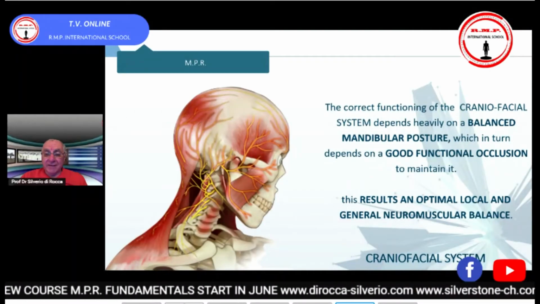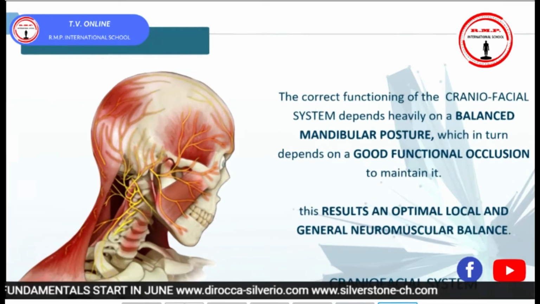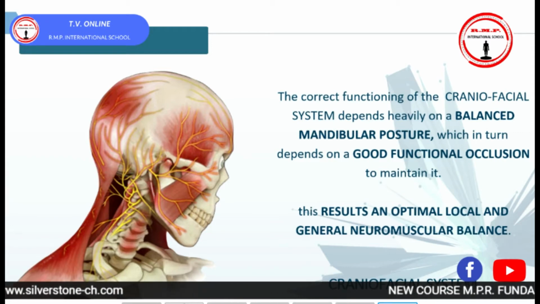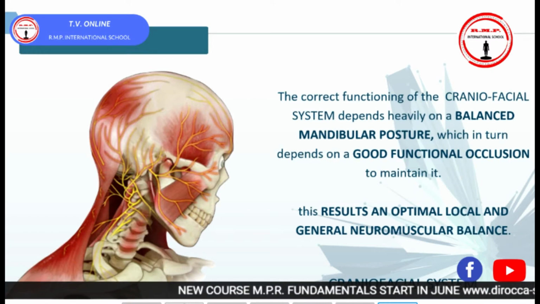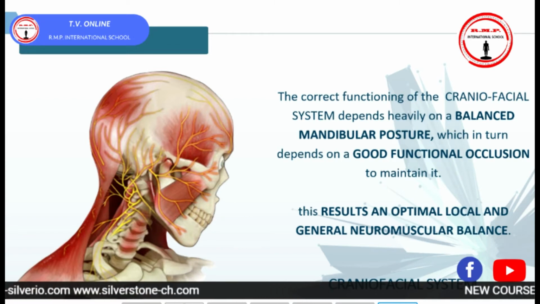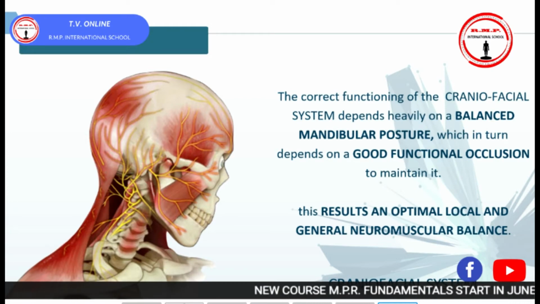A good balance in the craniofacial system is when we have a good central relationship of the jaw that is not affecting the balance of the whole system. When the jaw is changing position, changing from the exact right position, it will affect the rest of the body.